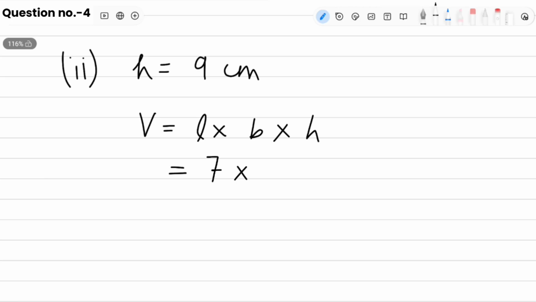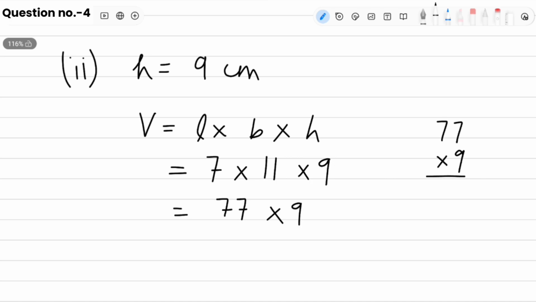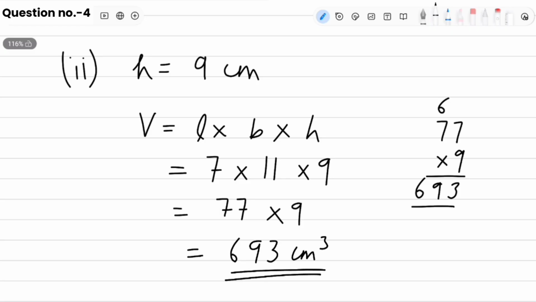Length we know is 7, breadth 11. I told you this part is the same in every question, it is already given, only this part will change. So 7 into 11 into height is 9. 7 into 11 will be 77 into 9. You can calculate this. 77 into 9 will be, 7 9s are, so this will be 693 centimeter cube. This is your answer.